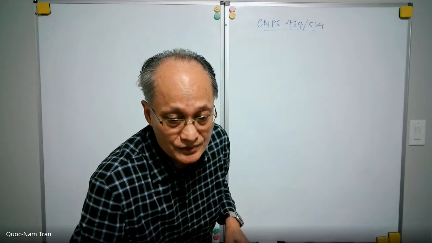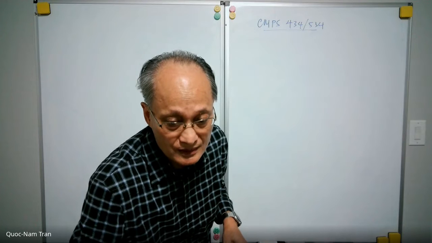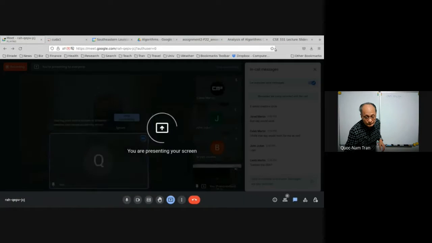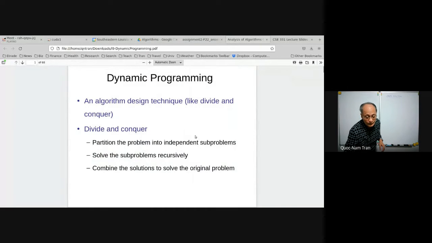So let me give you some motivation first. Okay, so far you have learned quite a few different ways to write an algorithm. First is the top down approach using loops, like for loops and while loops, in order to solve a problem.